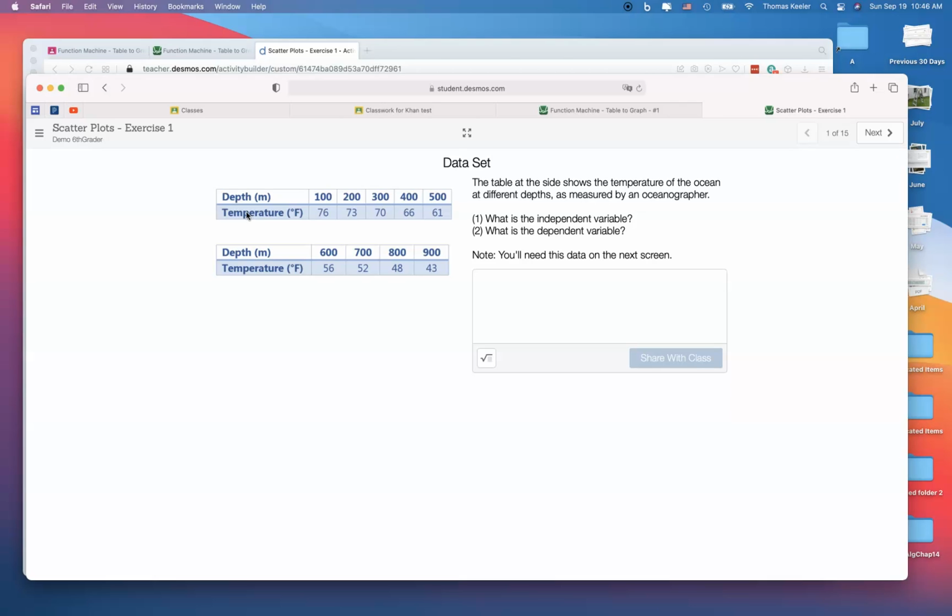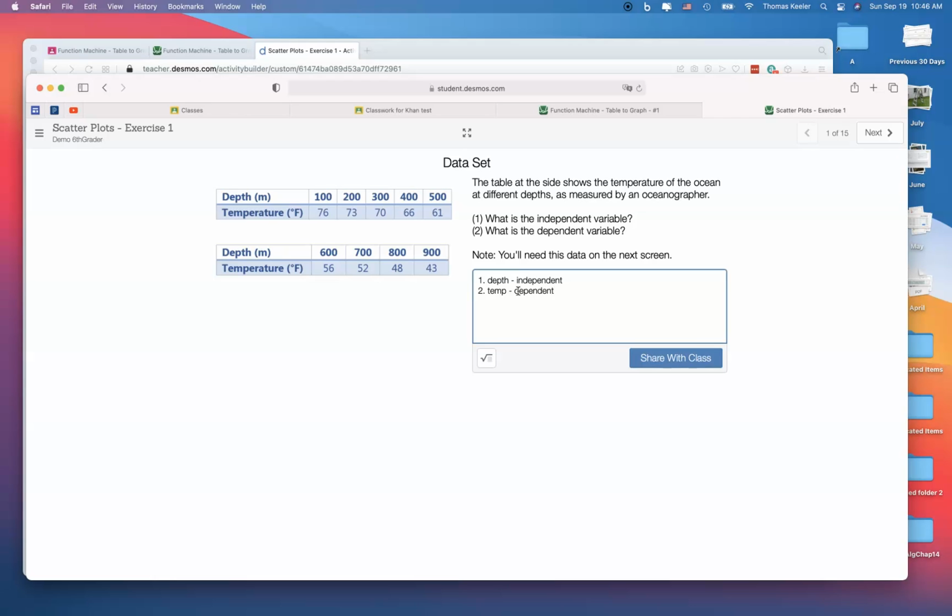No. If you think about it, as you go deeper, the water gets colder. So the independent variable is the depth, and as you go down, the temperature changes. So 1, depth is independent, and 2, the temperature is the dependent variable.